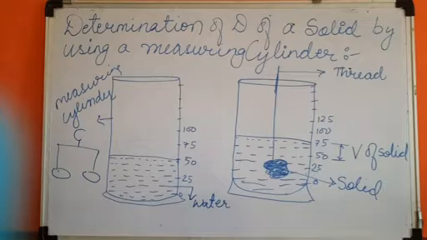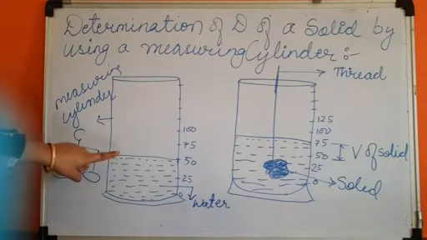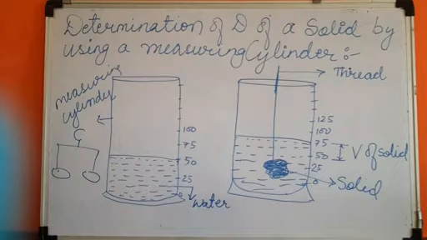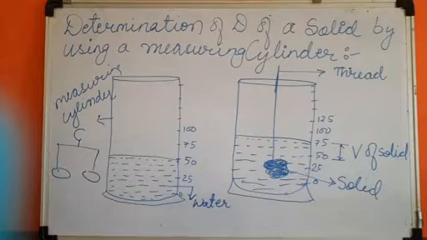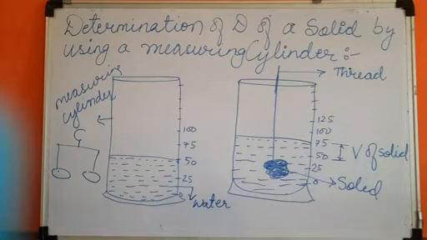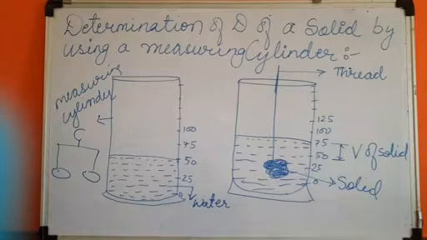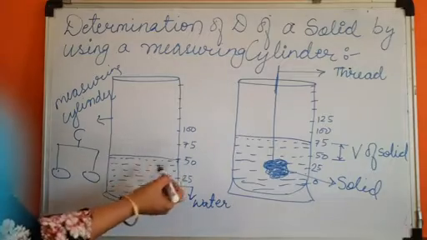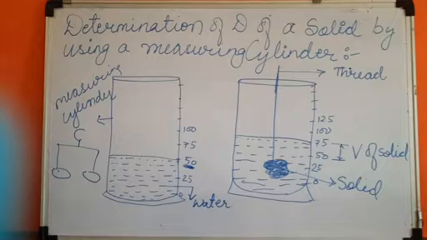Take a measuring cylinder, which we are using for this experiment, and pour in it some water. Record the volume of the water from the mark on the measuring cylinder. What is the volume in this case? Volume of the water here is 50 centimeter cube.